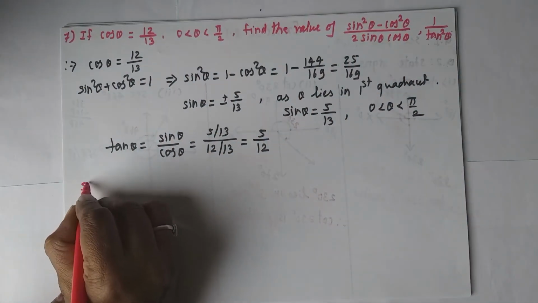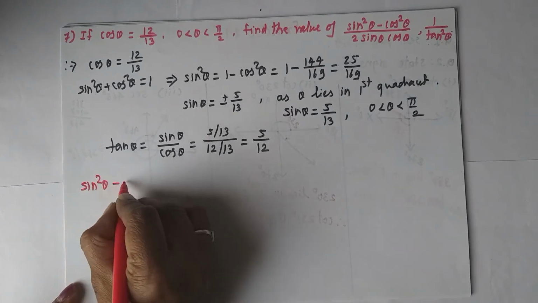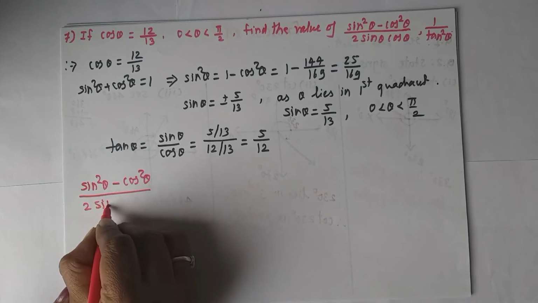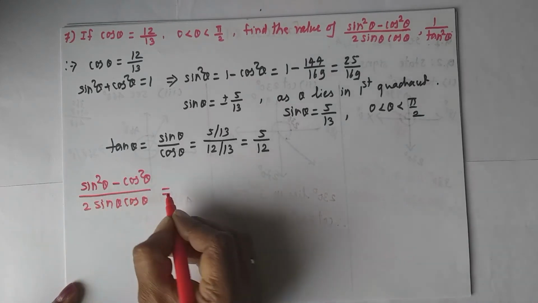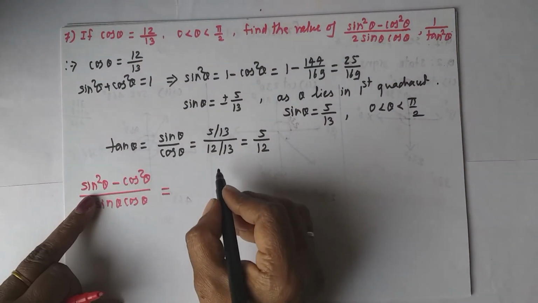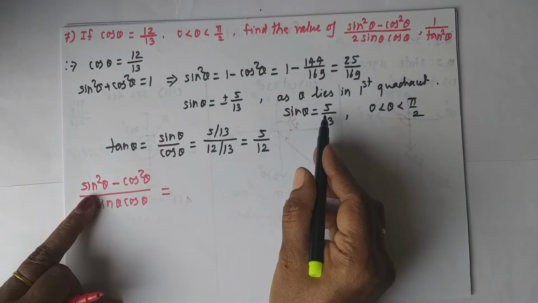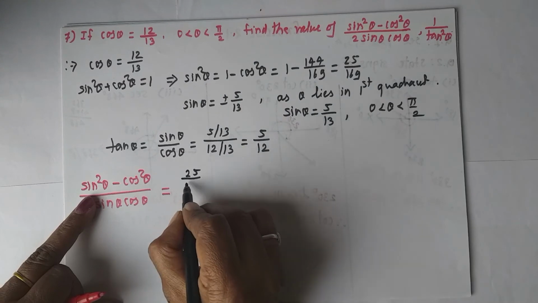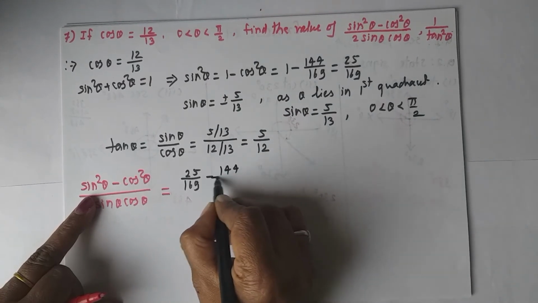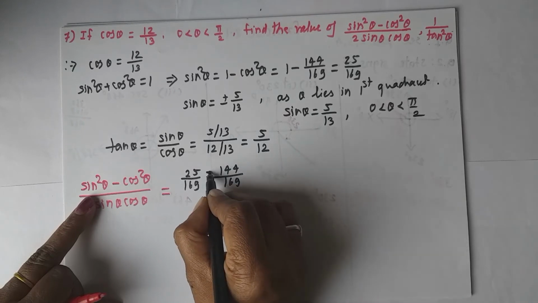Okay. Then you write down this function: (sin squared theta minus cos squared theta) divided by 2 sin theta cos theta. Now keep the values of the respective functions. Sin squared theta is what? Sin squared theta means 25 divided by 169. Cos squared theta means 144 divided by 169. This is minus here.